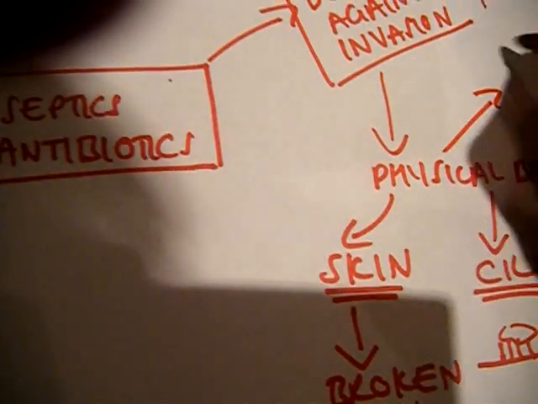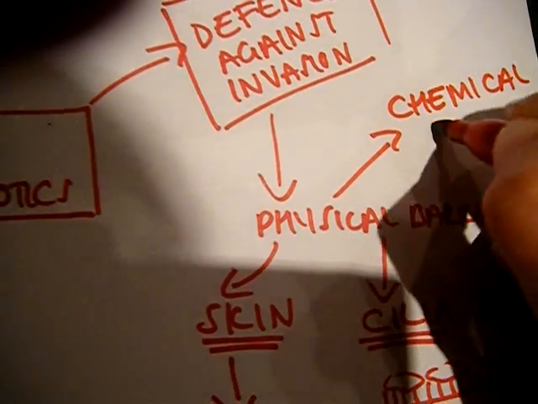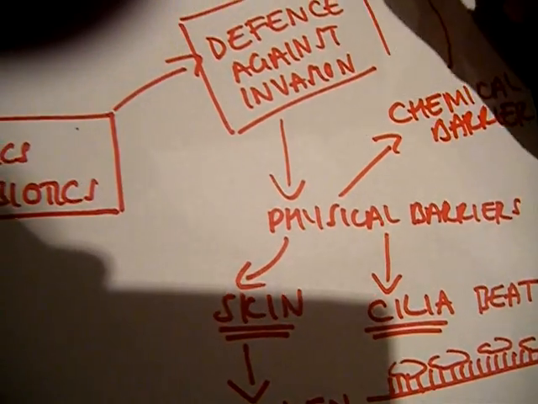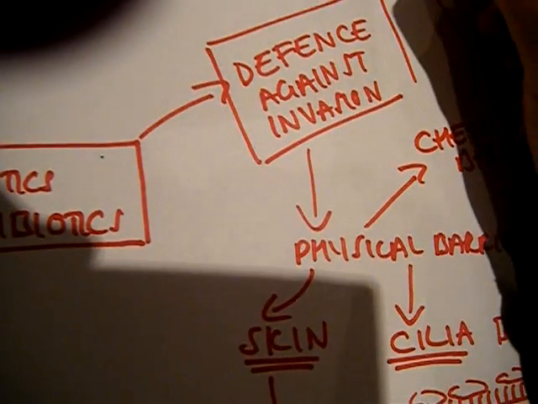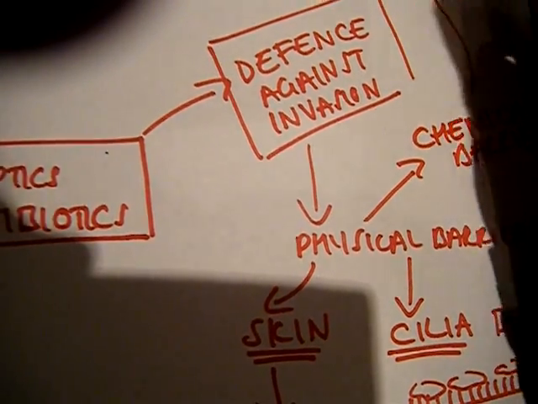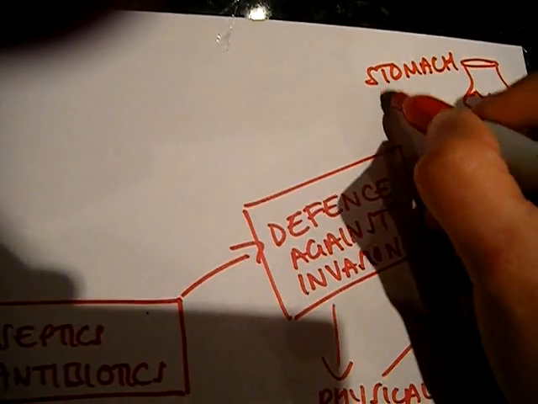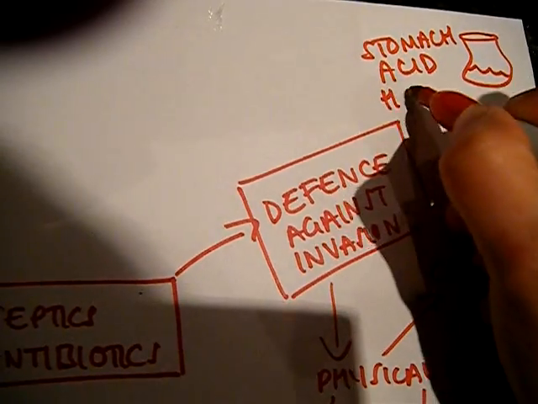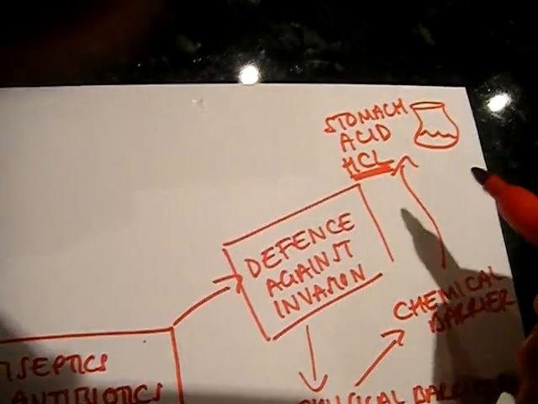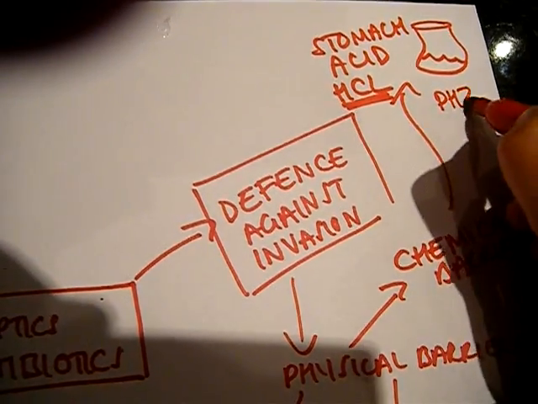I'll do this here. Which is stomach acid. Which is hydrochloric acid. The pH in your stomach is about pH 2.